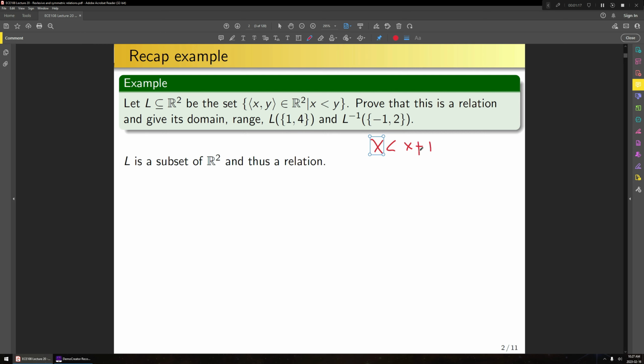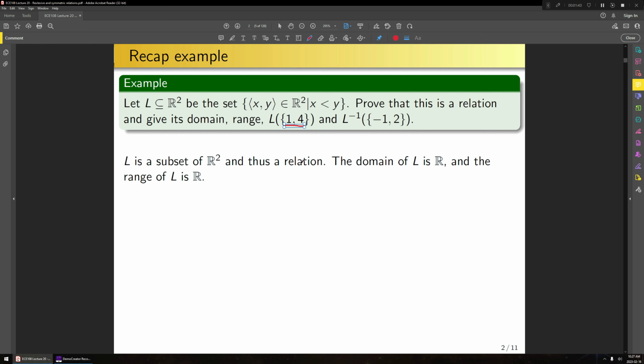So the ordered pair X comma X plus 1 is always in here, and I can plug in any number for X. So that tells me that the domain is the real numbers, and also that the range is the real numbers because I can plug in any value for X, so X minus 1, that gives me arbitrary values.